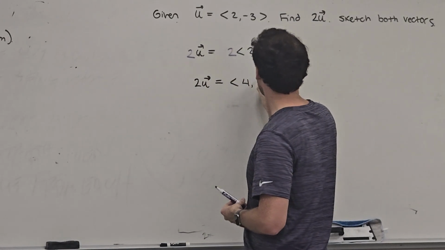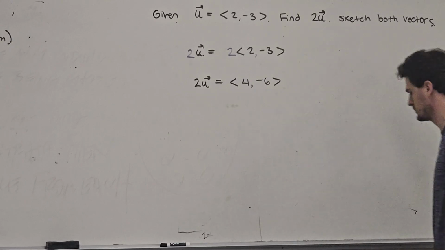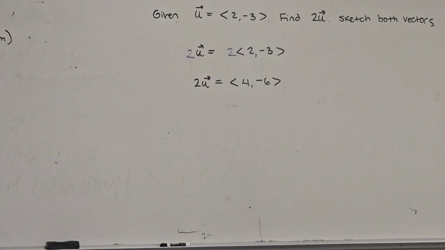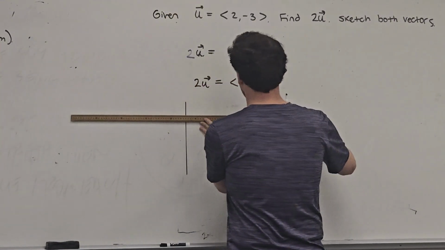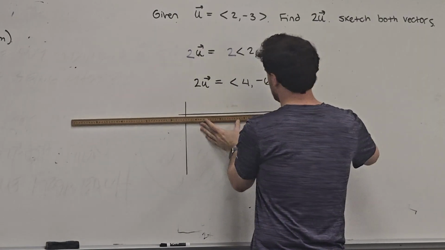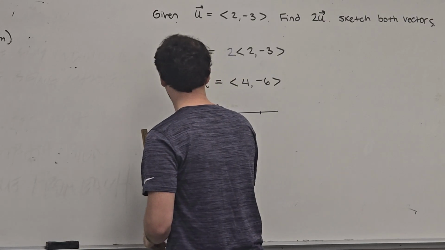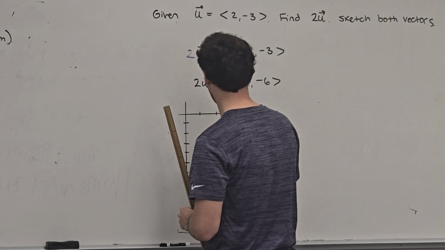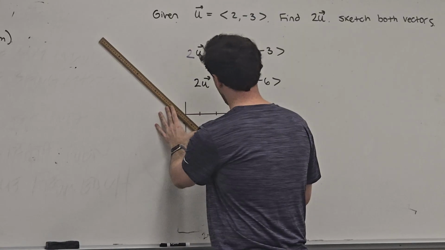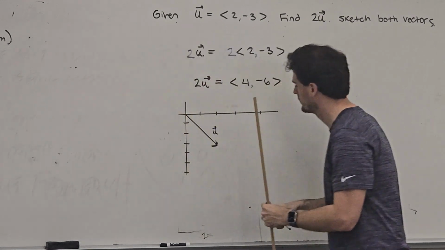You just multiply the x component, multiply the y component. So I had my first vector of 2, negative 3. That was vector u.